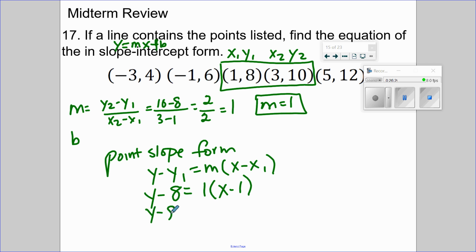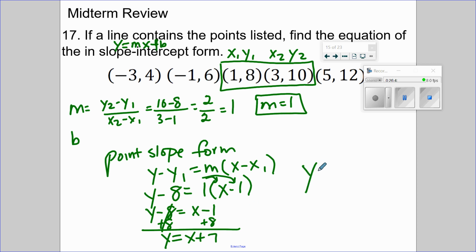Y minus 8, you have to do the distributive property here. 1 times x is x. 1 times a negative 1, positive times a negative is a negative. Going to isolate the y, so we're going to add 8 on each side. And we get y equals x plus 7. Negative 1 plus 8 is 7.